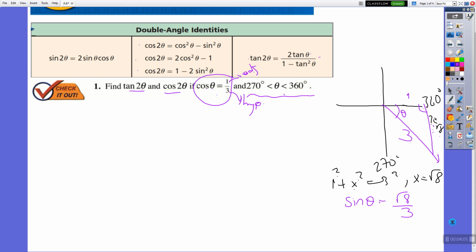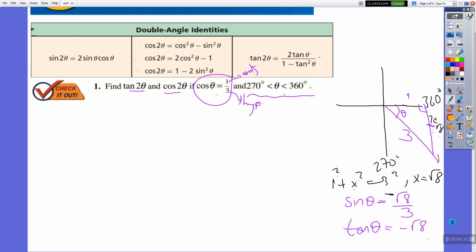So here we have not square root of 8, you have negative square root of 8. It's extremely important. What about tangent? Tangent theta, opposite over adjacent. Your opposite is negative square root of 8. Adjacent is 1, so negative square root of 8 over 1. So you found your missing trigonometric functions.